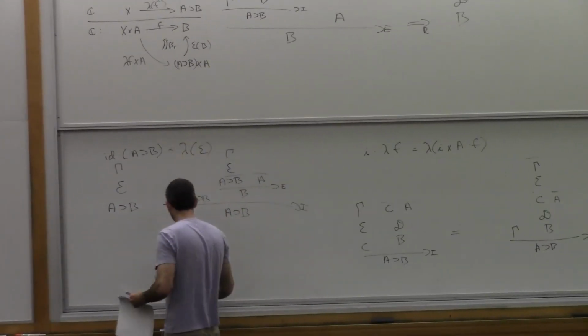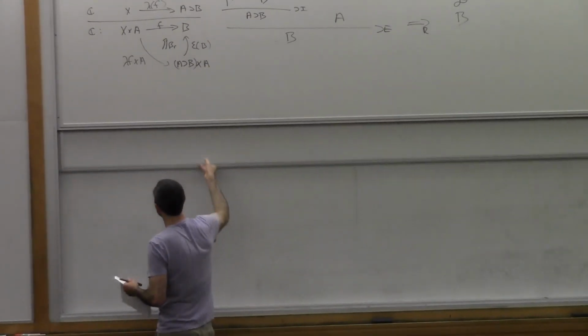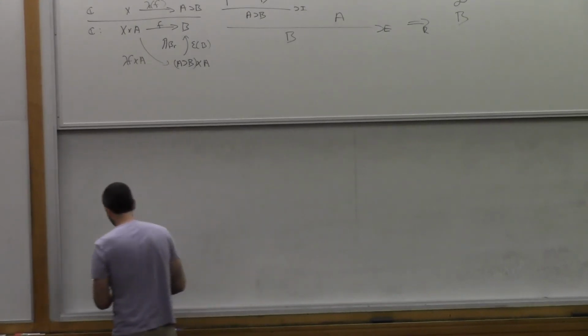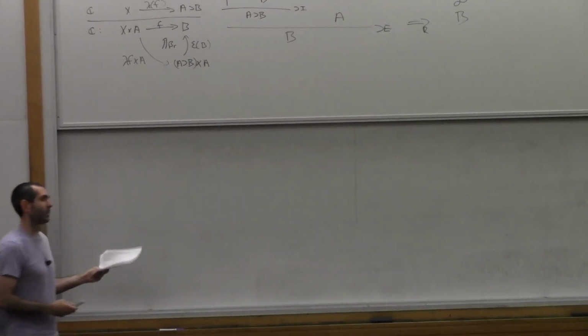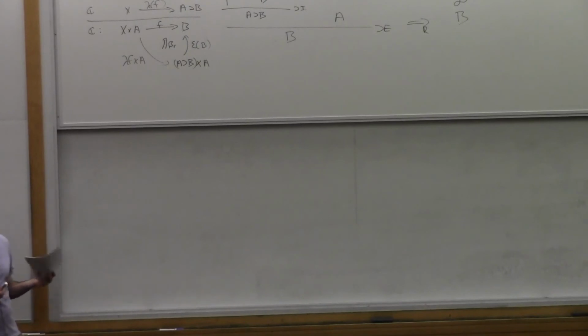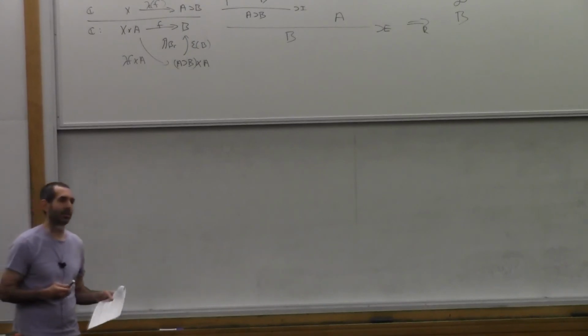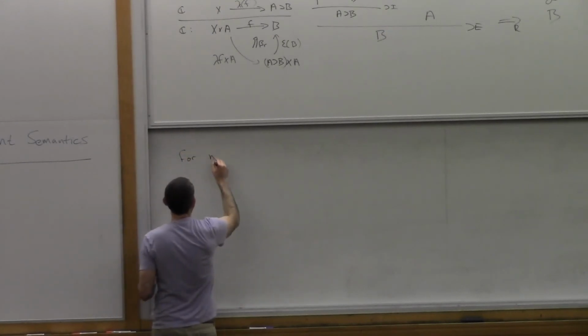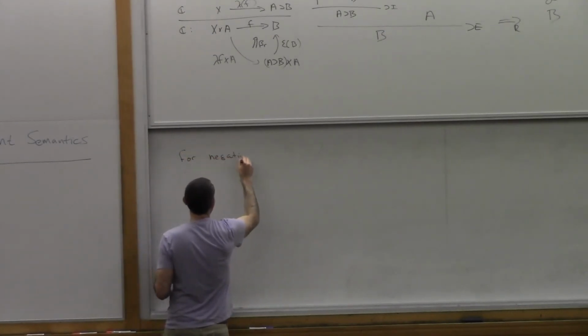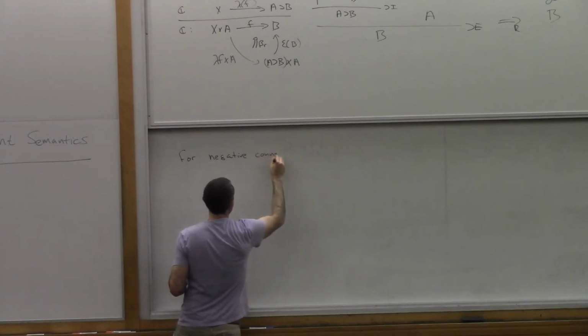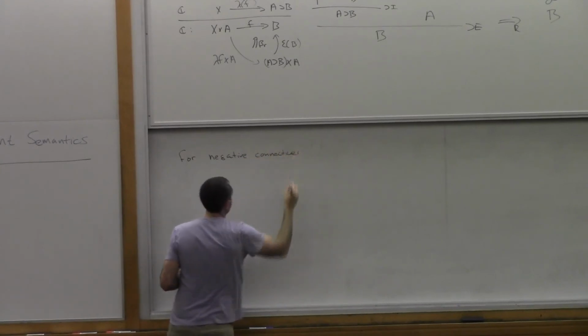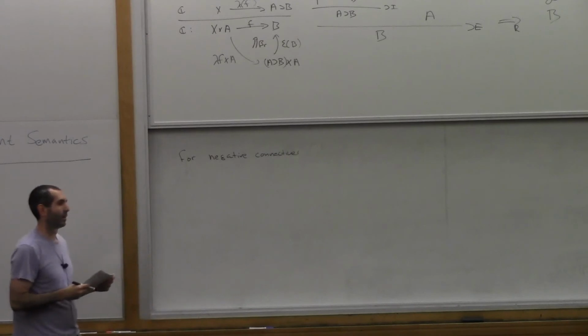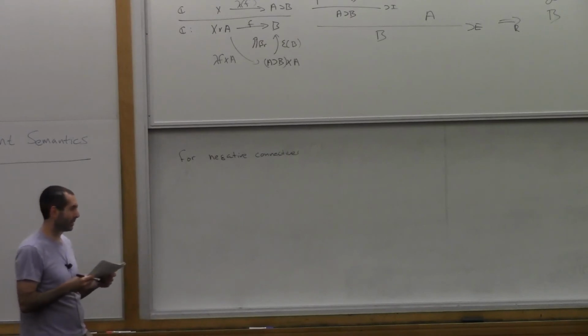And that is this. The fact that this works for this connective isn't just an accident or a coincidence, right? It ends up that it works for all of the connectives of intuitionistic propositional logic. And for the negative connectives, it turns out that they are interpreted by right adjoint functors.